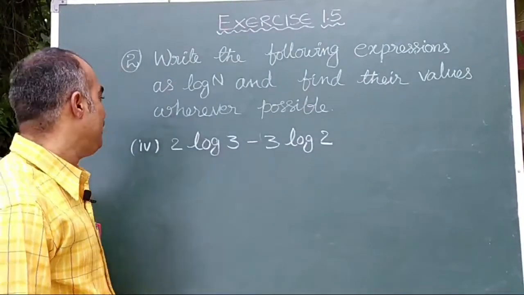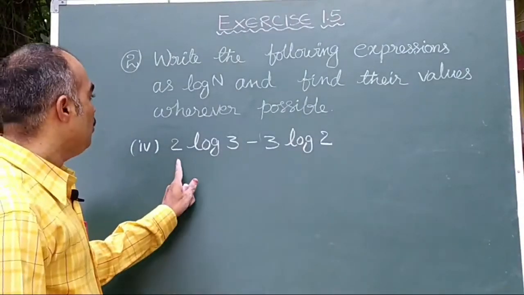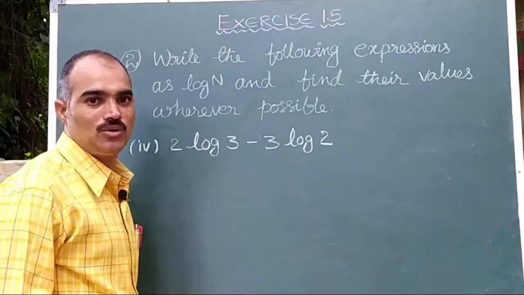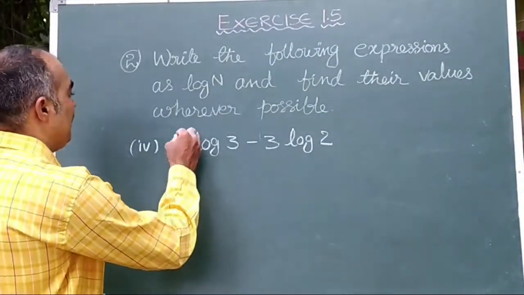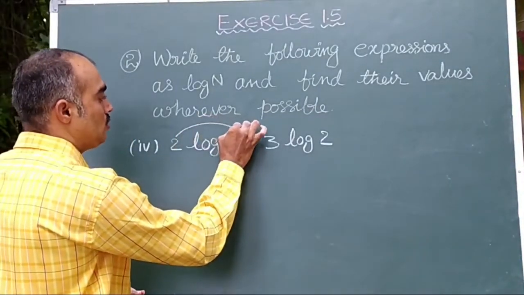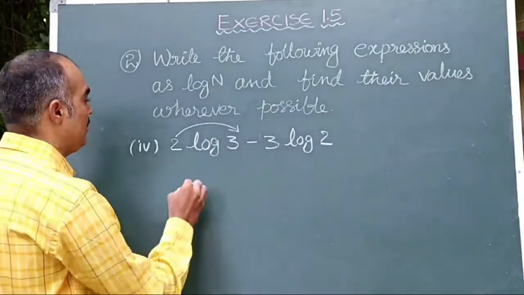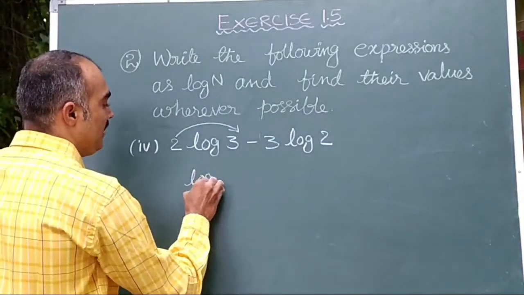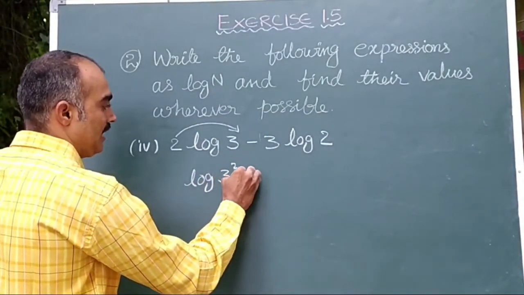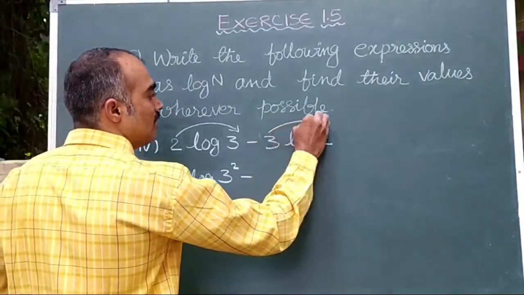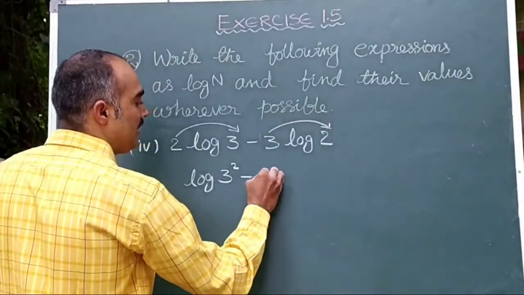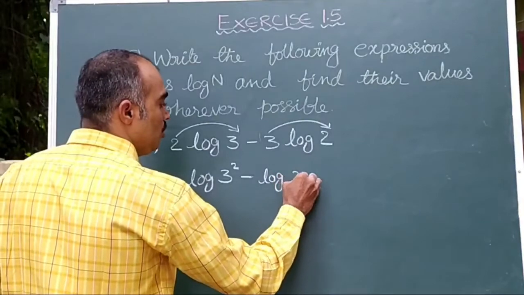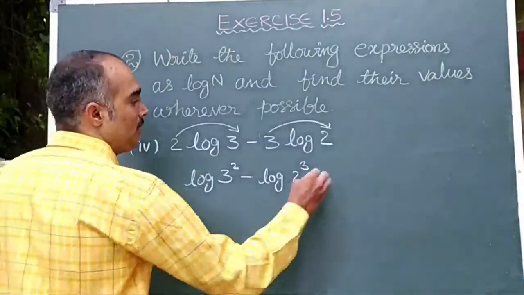Now let us see the next bit, that is the fourth bit, 2 log 3 minus 3 log 2. As usual, let us send this 2 to the power. So it can be written as log 3 square minus, this 3 also can be shifted here, log 2 cube. Which formula is applicable here?